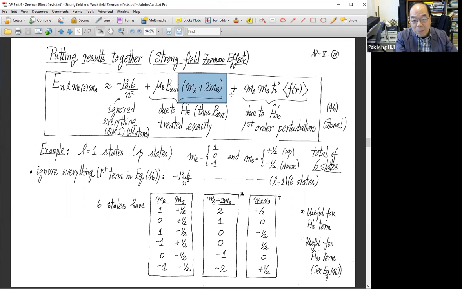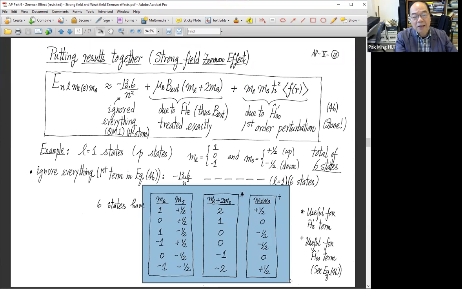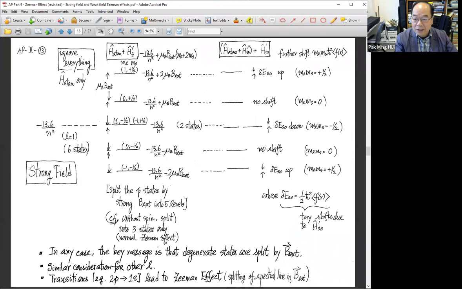There are 2 combinations of the ML and MS quantum numbers that we need to get prepared. So for example, for p states, we work them out. There are 6 p states. And then we also analyze what are the effects of this Zeeman term and the spin orbit term. The Zeeman term split partially the 6 degenerate p states into 5 different levels, but one of them remained degenerate.